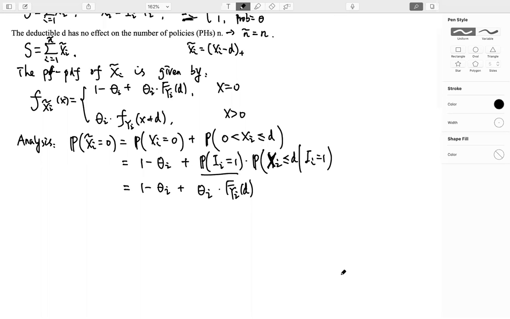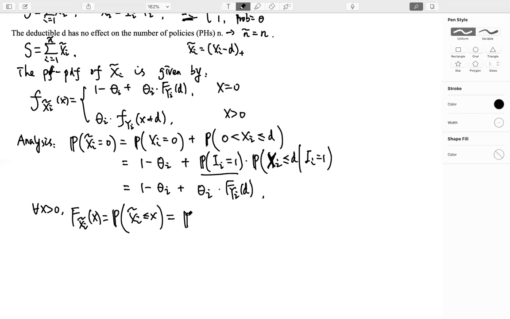So what I need to do is, for any x greater than 0, for the continuous part, you have to analyze the CDF, not the PDF. So we analyze this: my xi is less than or equal to small x.